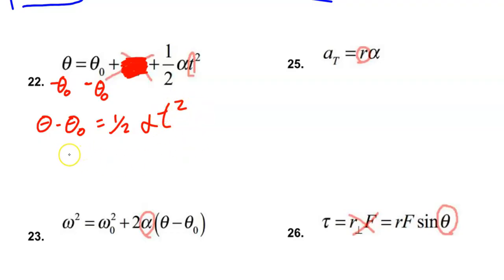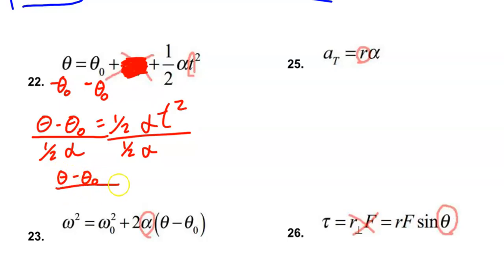Okay. And we're going to now divide both sides by 1/2 alpha. Okay. And that is going to give us theta minus theta 0 over, I'm going to move the 2 up here from the 1/2, divided by alpha.